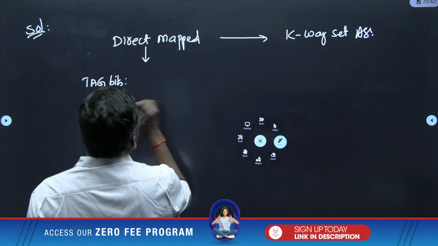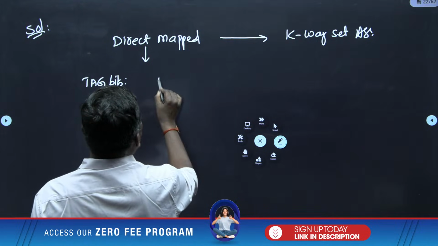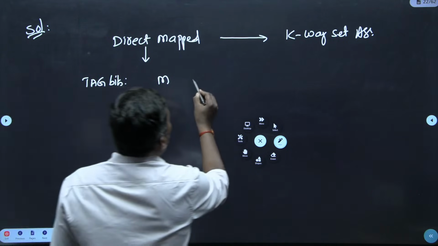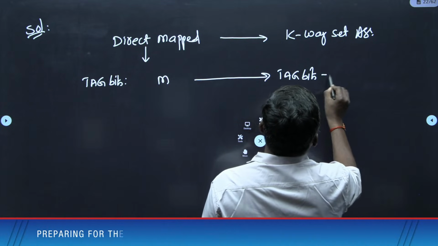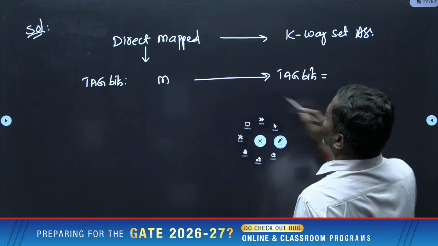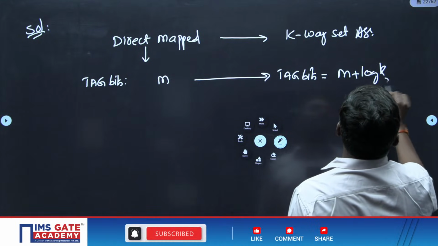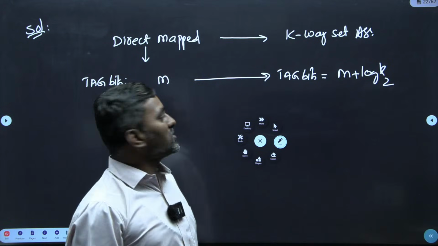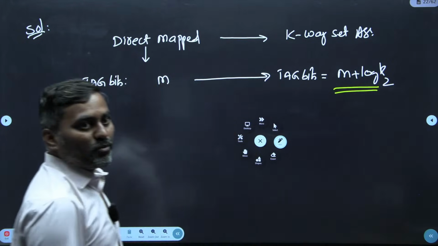Let's take m only here. How many tag bits will be in this? When it is converted into this, it will increase to m plus log k base 2. So only the tag bits will change. With this one, we can directly answer.